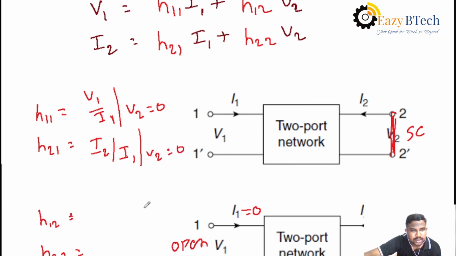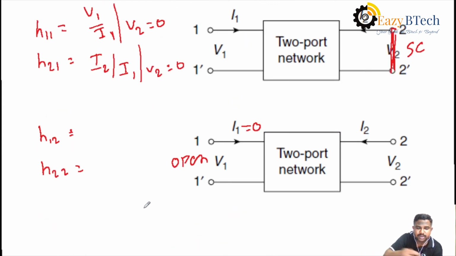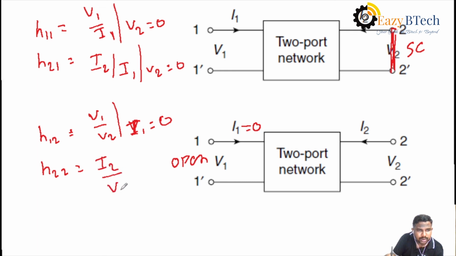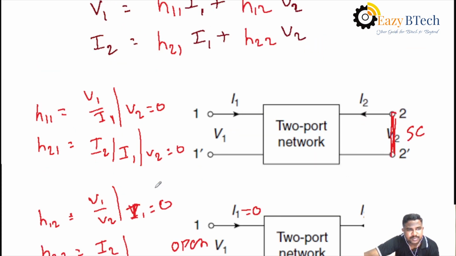Then similarly H12, when I1 is 0, is V1 by V2, and similarly we have to find H22, which is I2 by V2 when I1 is 0. Like that, we have to calculate the H parameters.